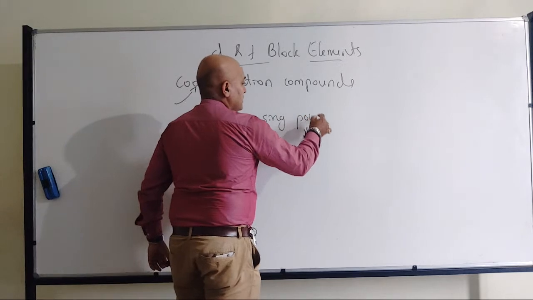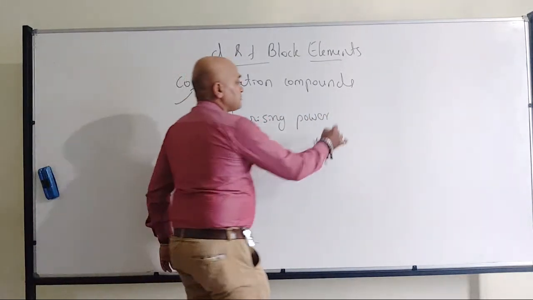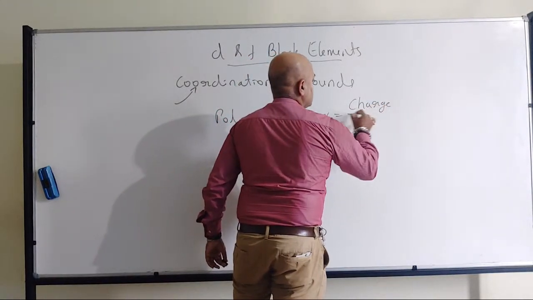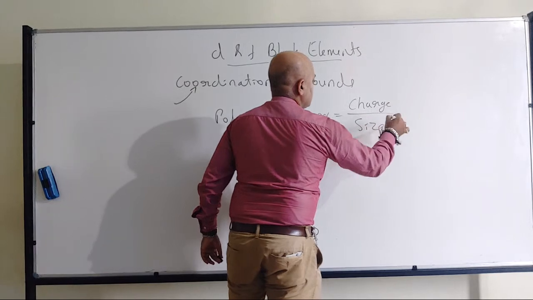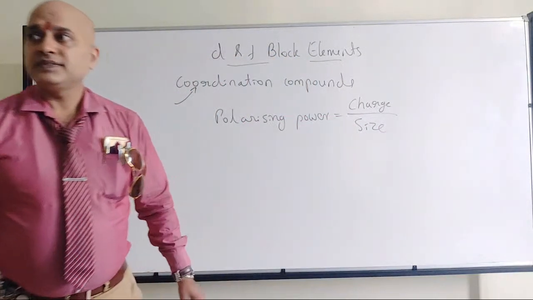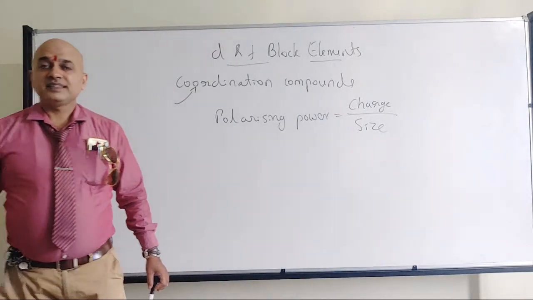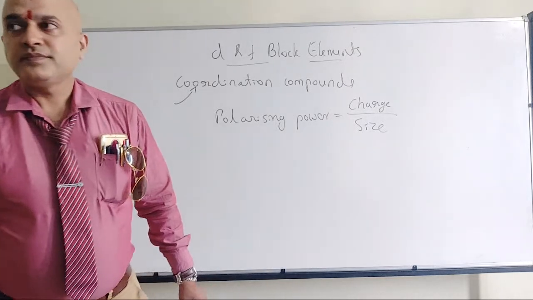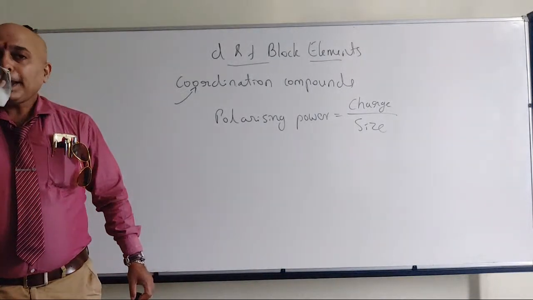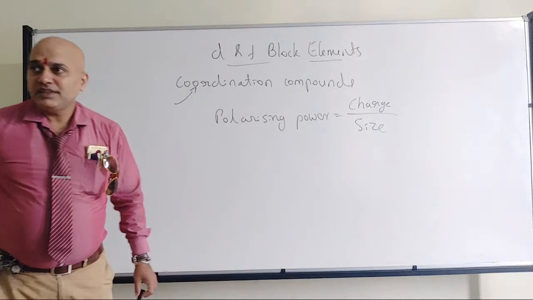Polarizing power is equal to charge by size ratio. Somewhere you people have discussed this in first PU. Charge by radius or charge by size is one and the same, right?